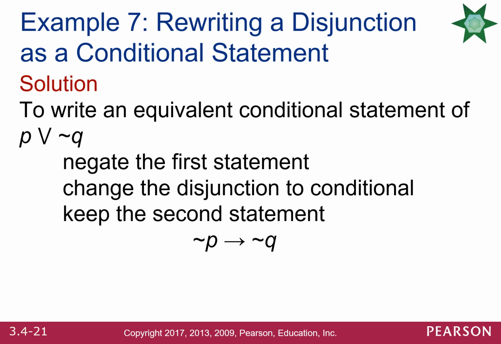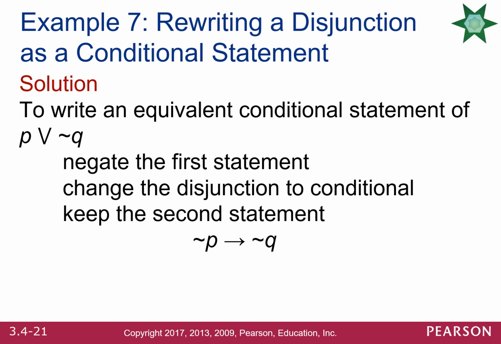So let's pull up the symbolic form of the conditional statement. This symbol for conditional should be read as if not P, then not Q. And that's exactly how we had concluded it. However, there's one final step. We have to write this in words, using the words of the compound statement that we had been given.